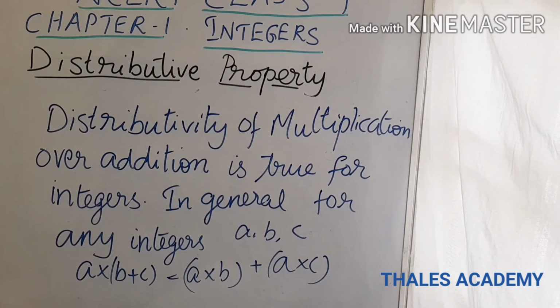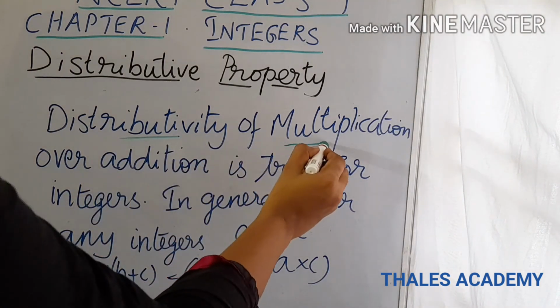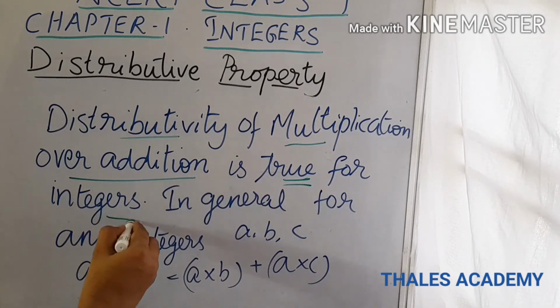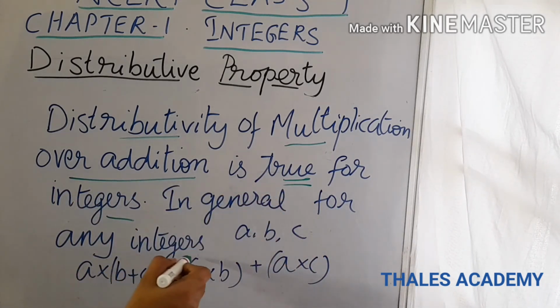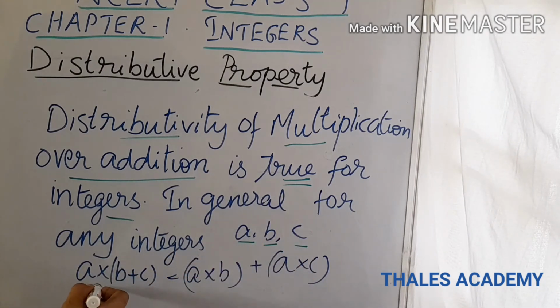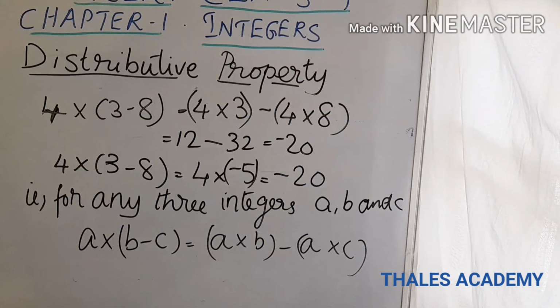Distributivity of multiplication over addition is true for integers. In general, for any integers a, b and c, a into b plus c equal to a into b plus a into c.